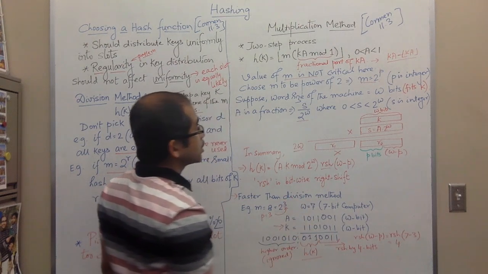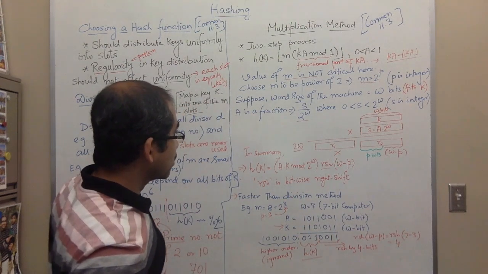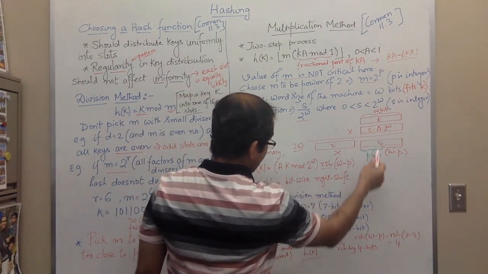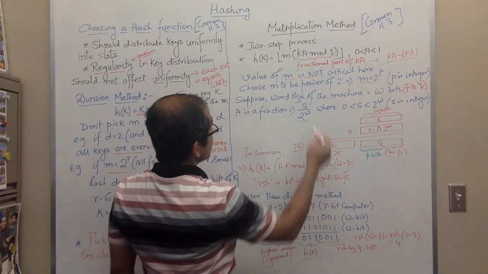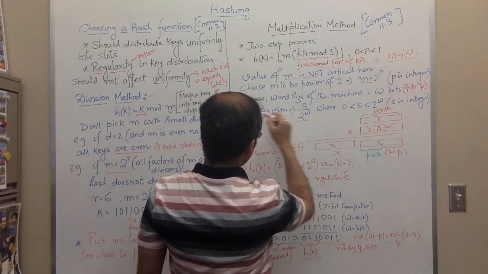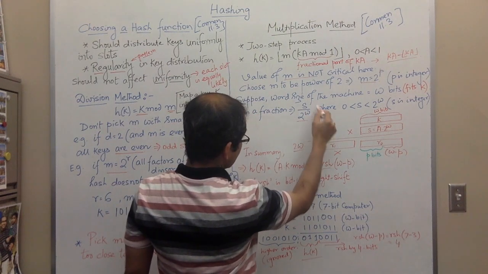When we multiply a and k, this is actually a's value represented in the form of s.